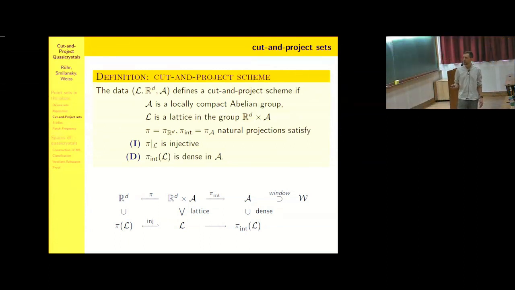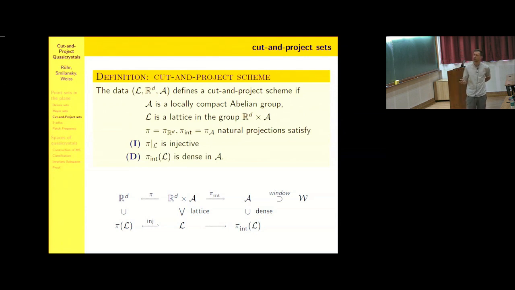This R^d I will usually call physical space, because it's the space where we'll see the quasicrystal, and this A is called internal space in the literature.